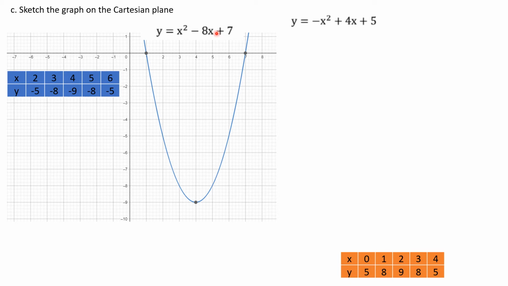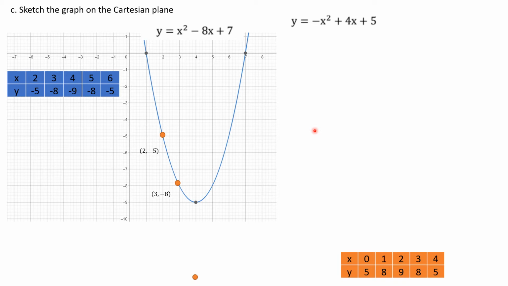Pag graph po natin yan, ordered pair ang gagawin po natin, 2, negative 5. From this point of origin, lakad daw po tayo ng positive 2. So, 1, 2. And then, baba po tayo kasi negative 5 po ang y natin. So, 1, 2, 3, 4, 5. Andito po yung point. So, yan po ay ordered pair 2, negative 5. Proceed po tayo sa 3, negative 8. Ito naman po ang ordered pair natin.